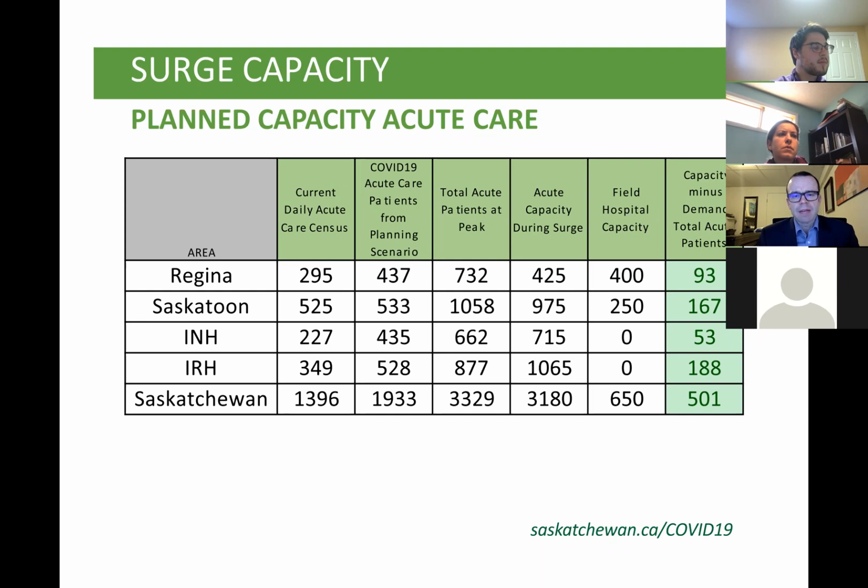We have identified the ability within our existing facilities to surge to about 3,100 beds, which obviously falls short of what the potential peak is. And so we've identified the need to create field hospitals, one in Regina, one in Saskatoon, for a total of 650 beds to allow us to meet and exceed that potential peak capacity. Next slide.